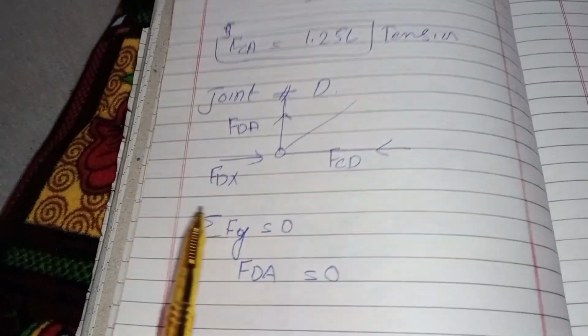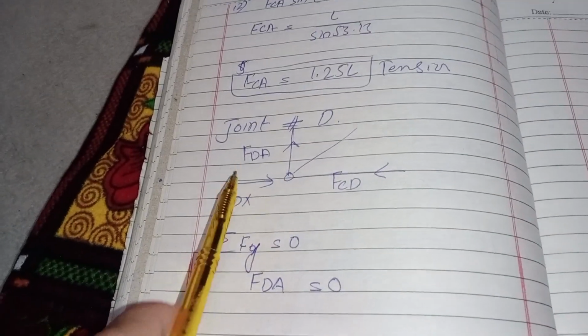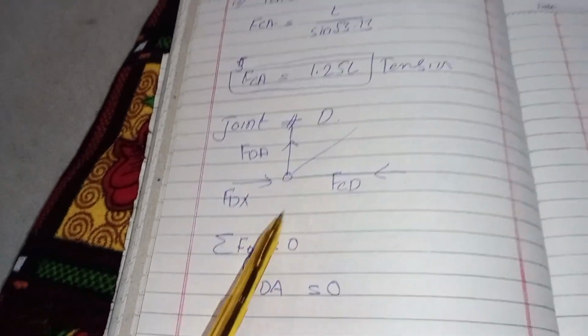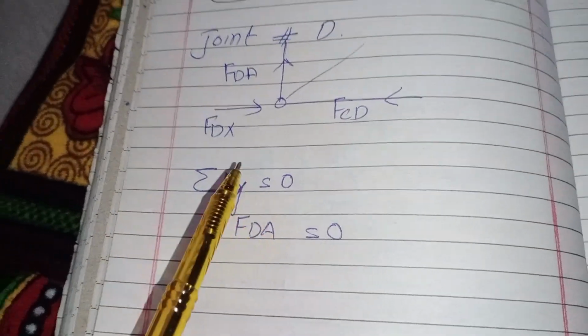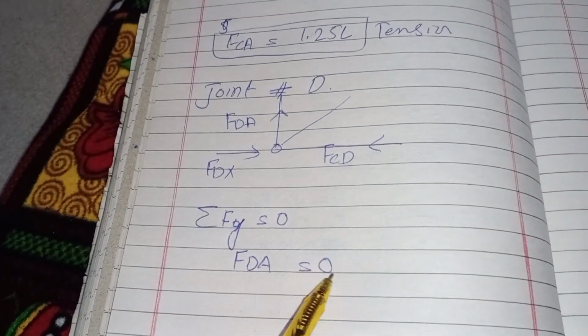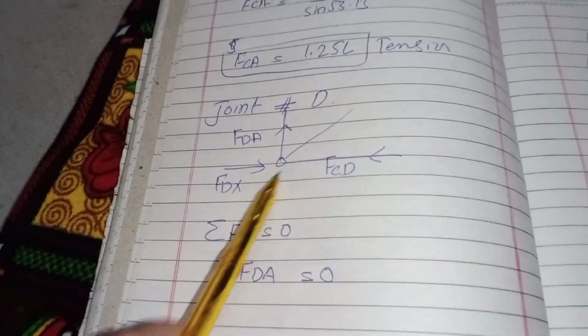Now I want to take joint D. In this joint there are three forces acting on it. So summation of all vertical forces equal to 0. So FDA will equal 0. There is only one vertical force, which is 0.